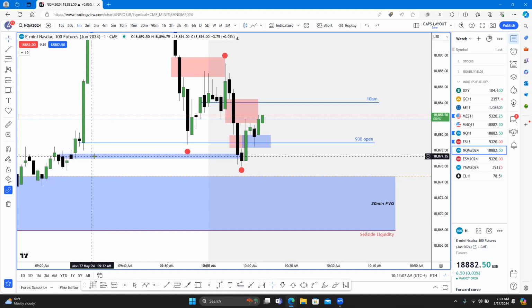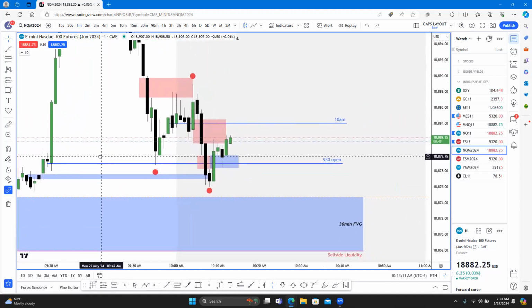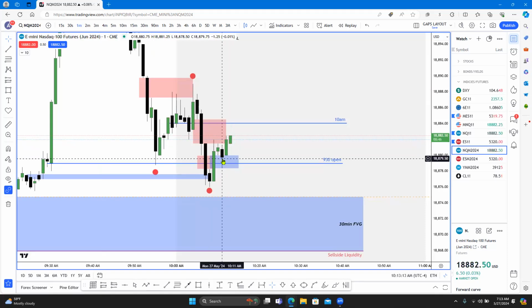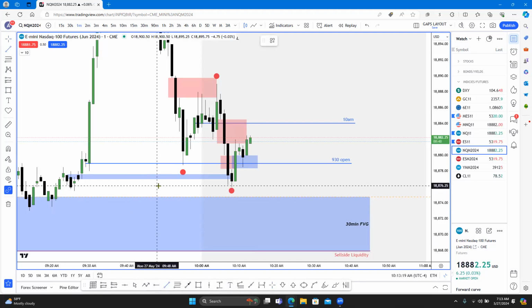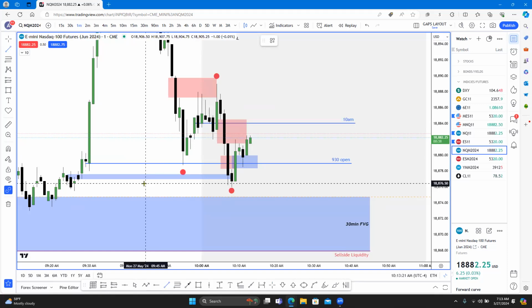So I guess we tapped this volume imbalance in there. So there's a small PD array in there. We've respected this, right? But the most important thing, right, is time. So where's our window? We're in 9:45.